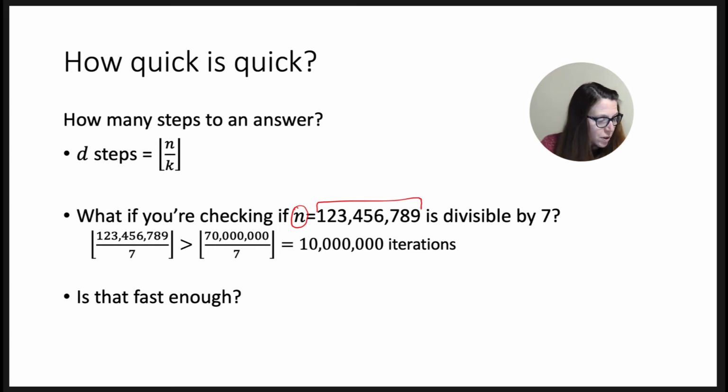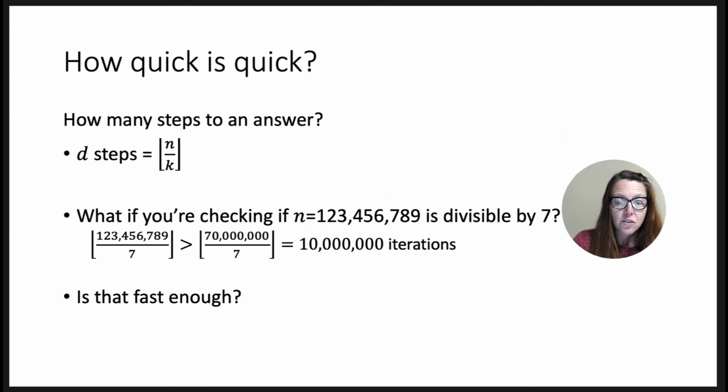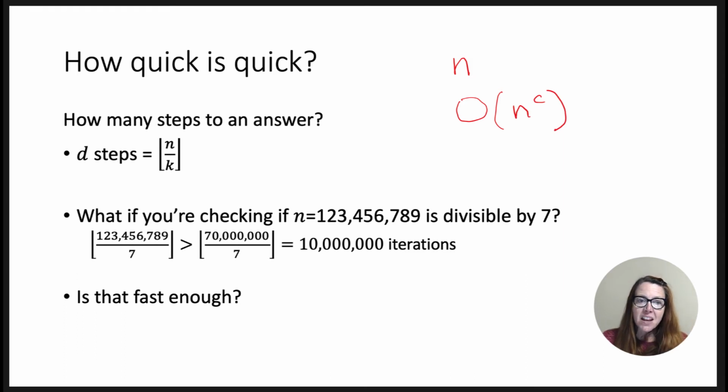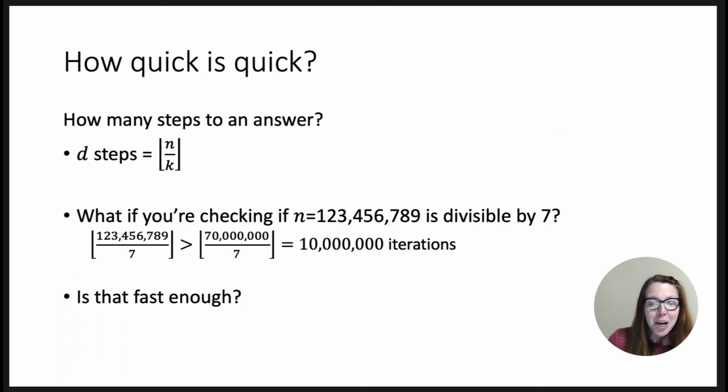And so we would expect and hope that we could find an efficient algorithm that is polynomial with respect to the size of the input. So if we had input of size n, then we would expect to be of order n to the c, for some constant. So this is not fast enough, but it will eventually get us there.